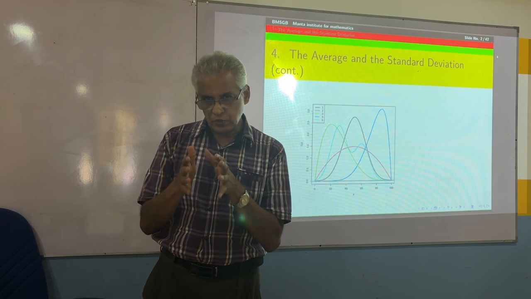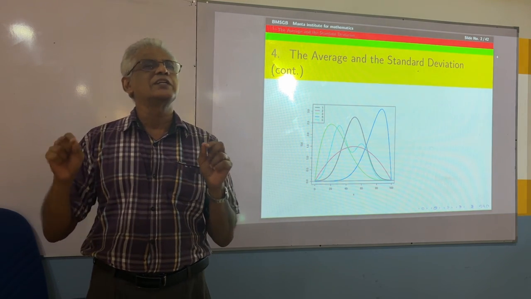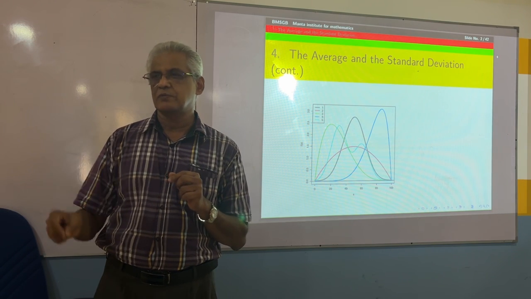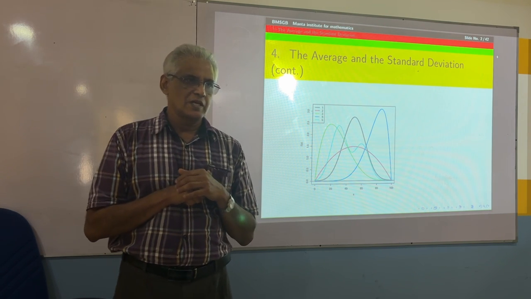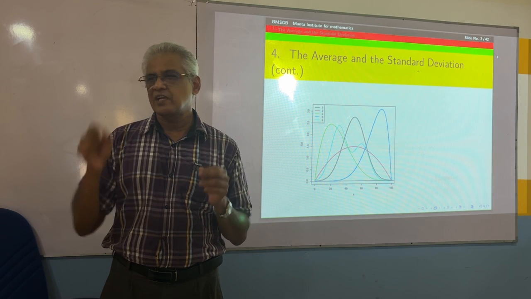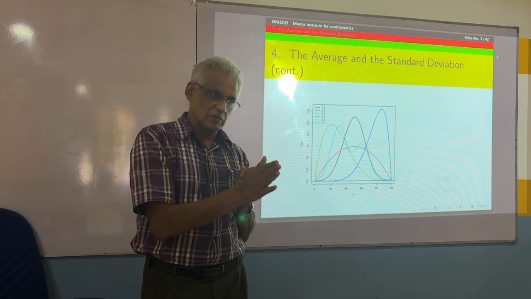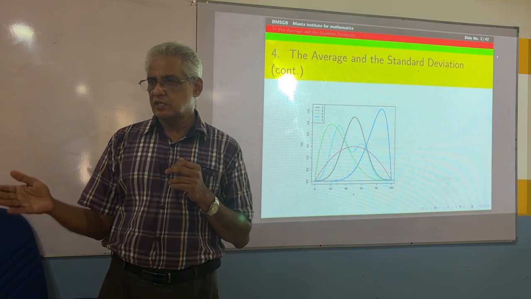This has been set up so that 400 liters is filled for each bottle. That is the target. But we know that in practice, not every bottle is going to get exactly 400 liters. Some bottles will have a little bit less than that, some bottles will have a little bit more than that.